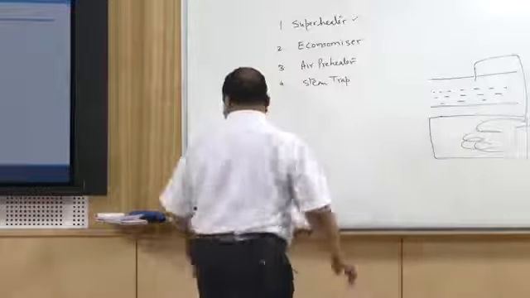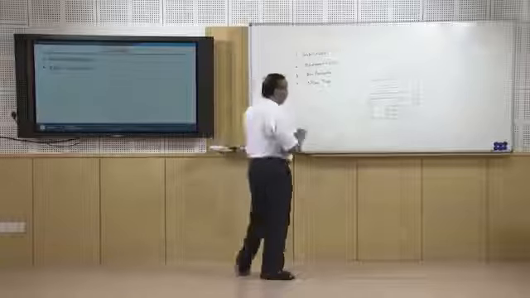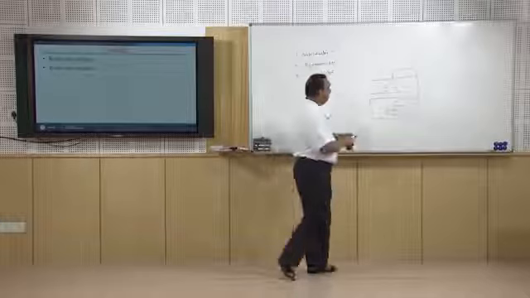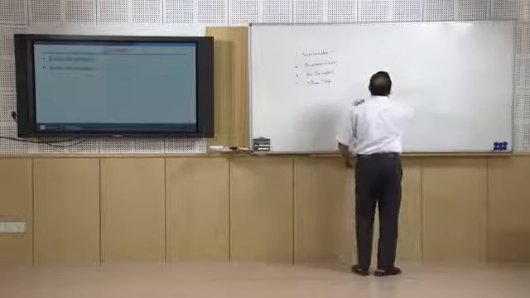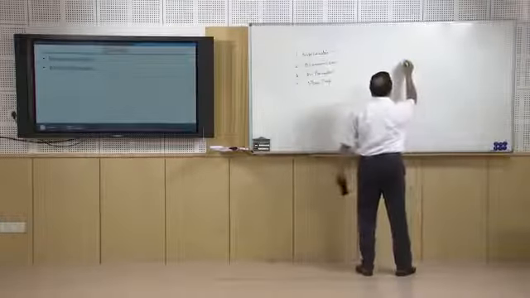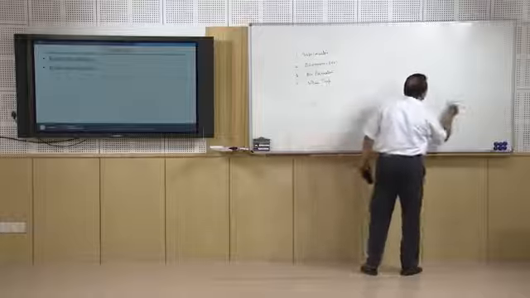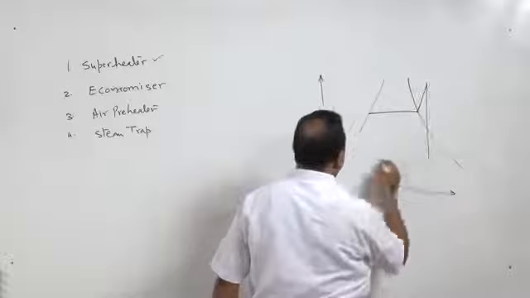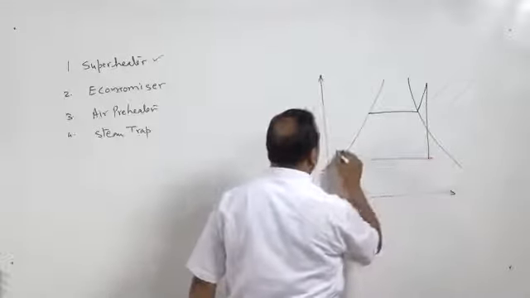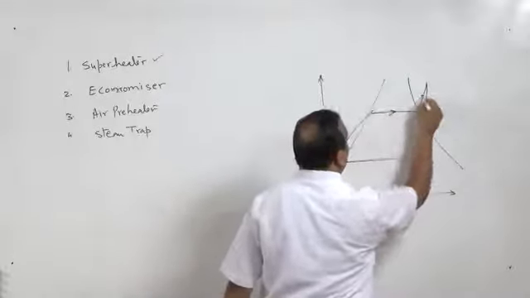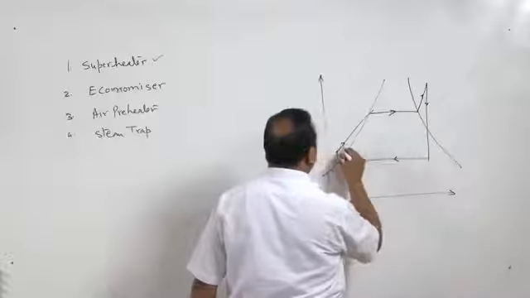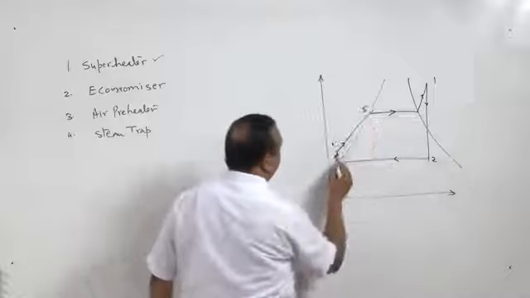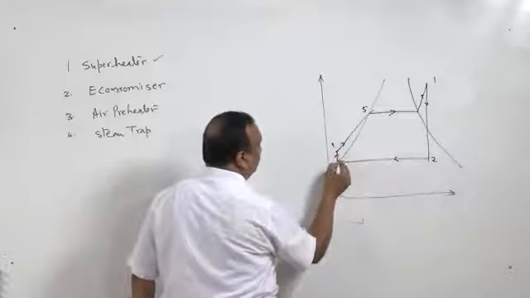In the economizer, the feed water which is going to the boiler is heated. If you look at the Rankine cycle, this is feed water, this is high pressure feed water.